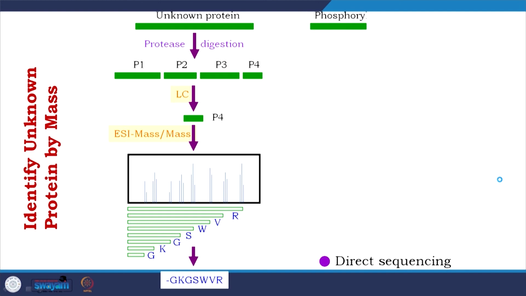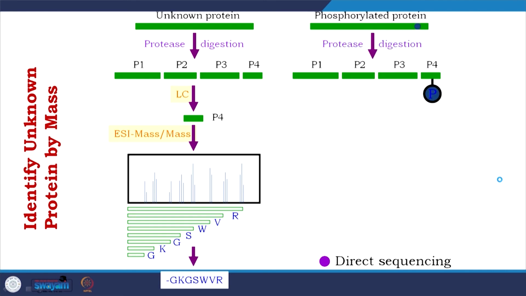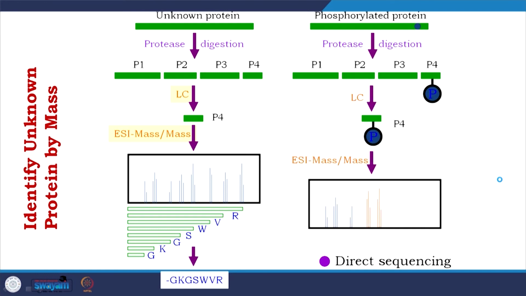So, it is called direct sequencing. For a phosphorylated protein, you do that, you get the fragments, the P4 fragment is phosphorylated, others are not, you do liquid chromatography to purify P4 and then do ESI mass, you get the phosphorylation site. So, in that way you could identify the unknown protein. Thank you very much.